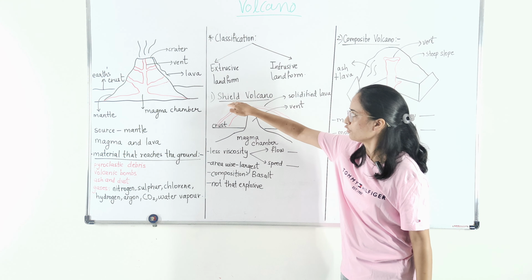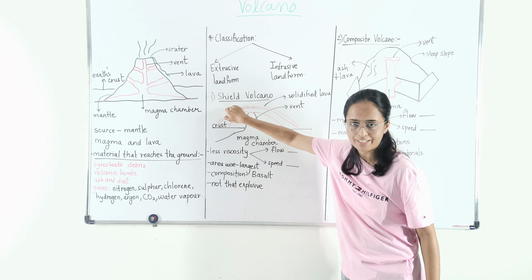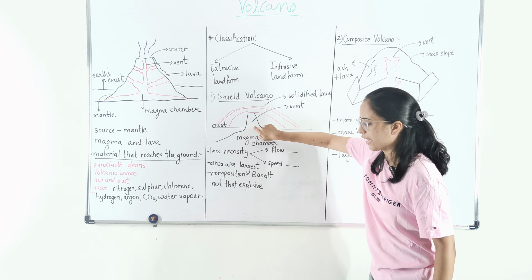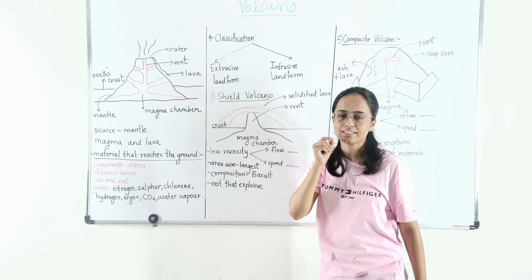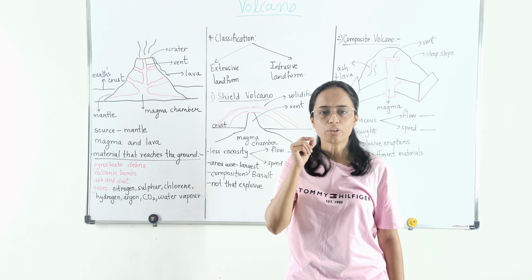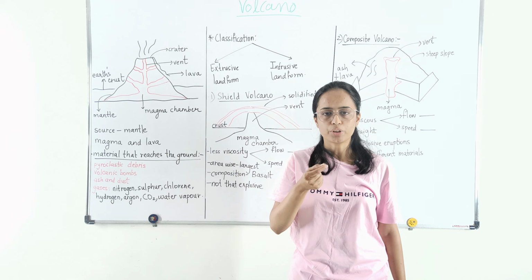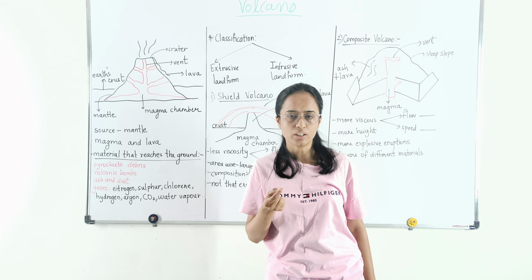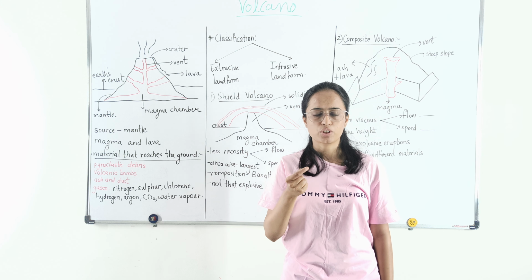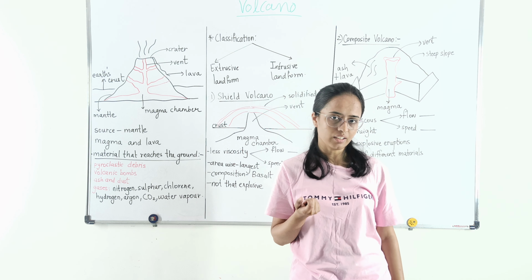Because in case of a shield volcano, which is one particular type of volcano, the magma is less viscous. The viscosity of that magma is very low. Now, what do you mean by less viscous, or viscosity is low? Viscosity is basically how thick the liquid is.